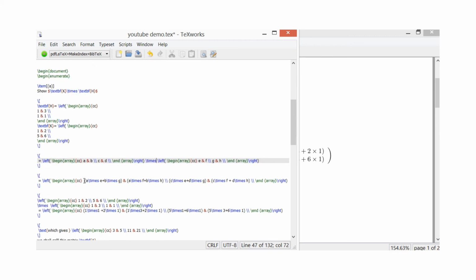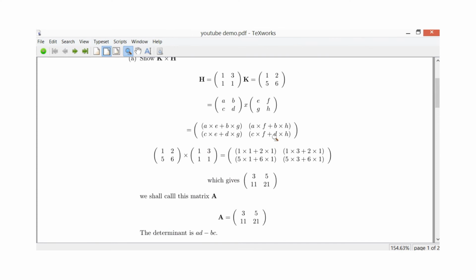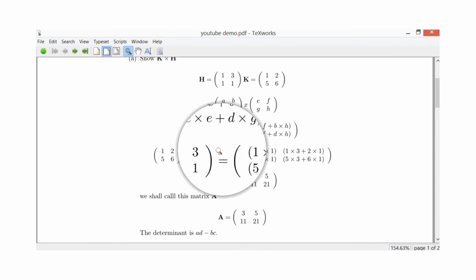And then same again. I've got the matrix multiplication working out on this line, which is basically all of these next lines here.